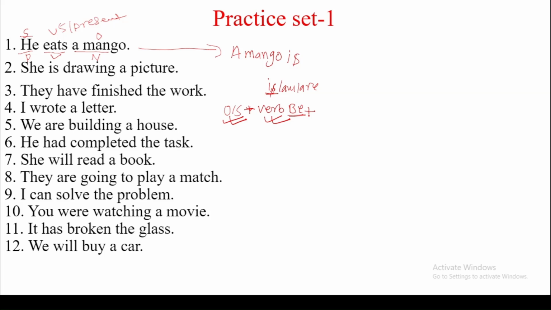The third step is that we change the main verb of the active sentence into past participle, meaning V3. So this is the main verb, and we have to change it to V3, past participle.